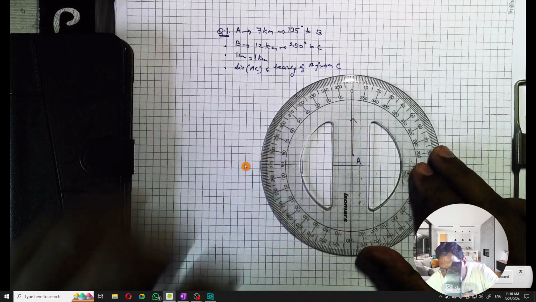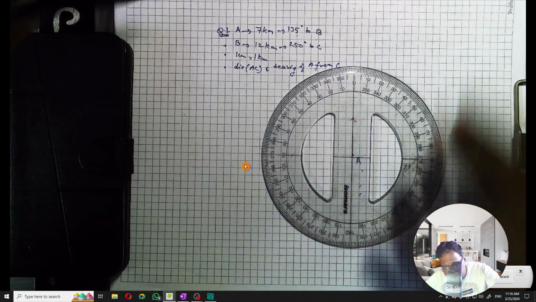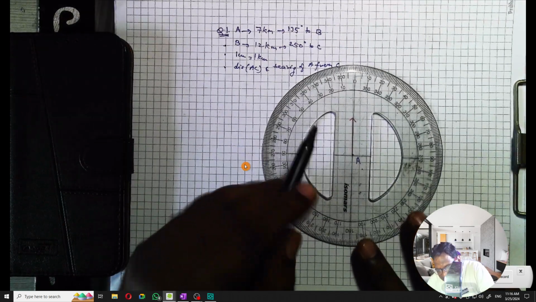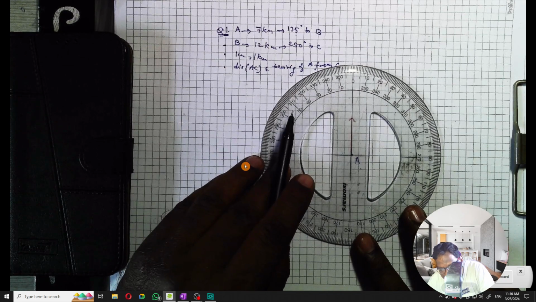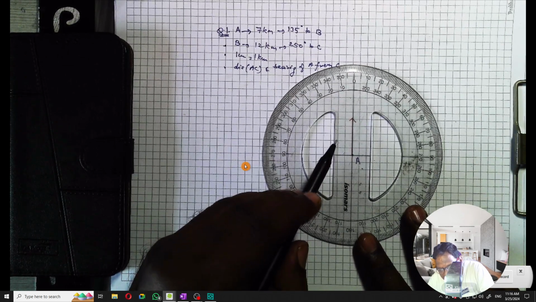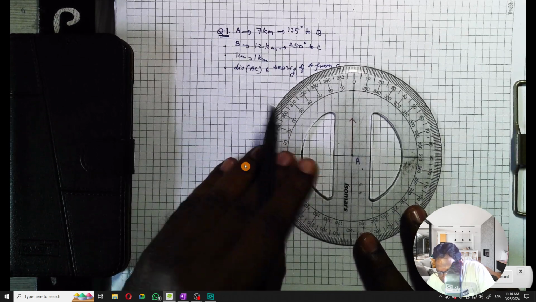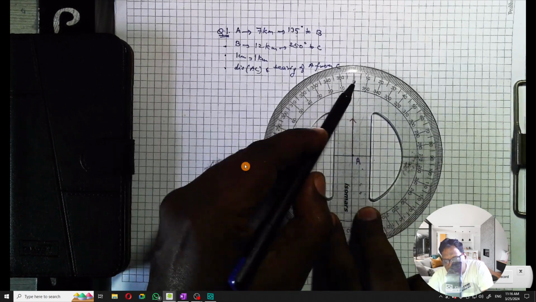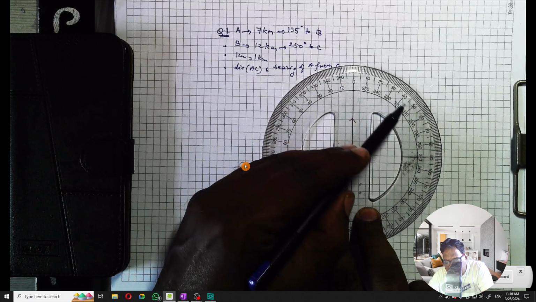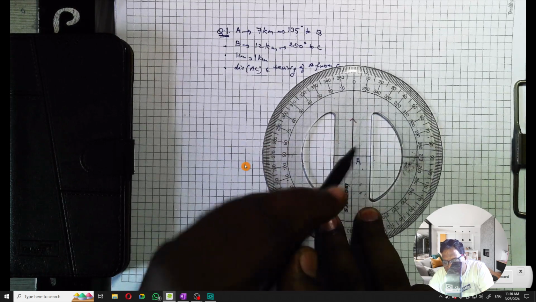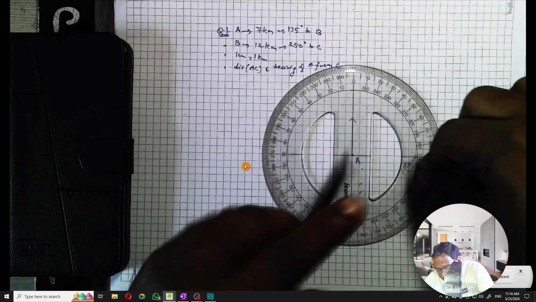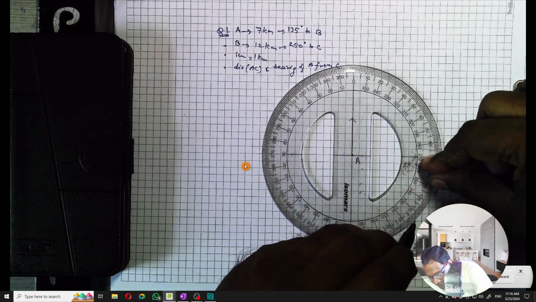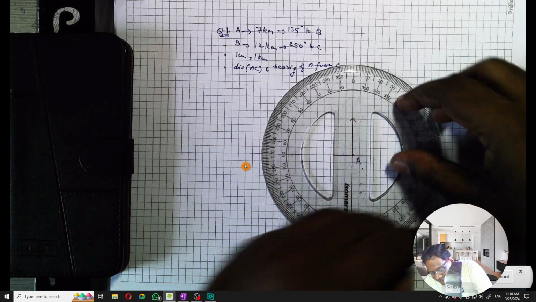Now can you see this center of this particular protractor I'm keeping coinciding with A. And from your 0, this is 0, 10, 20, 30, this way I'll go and I'll reach up to 135. So 135 happens to be somewhere over here. This is that 135.